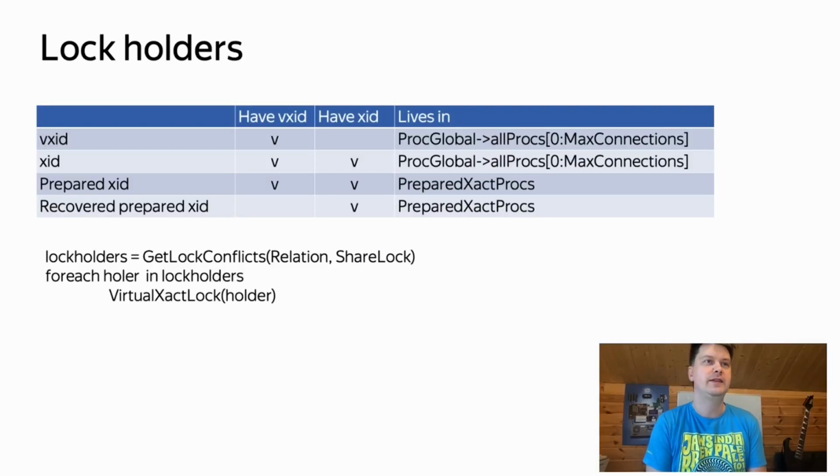How is it implemented? We go through all procs in the proc array and collect virtual transaction identifiers, transaction identifiers, and prepared transactions. And then for each lock holder, for each transaction that's holding a lock on the table that we are indexing, we wait for completion of this transaction. And that's it.